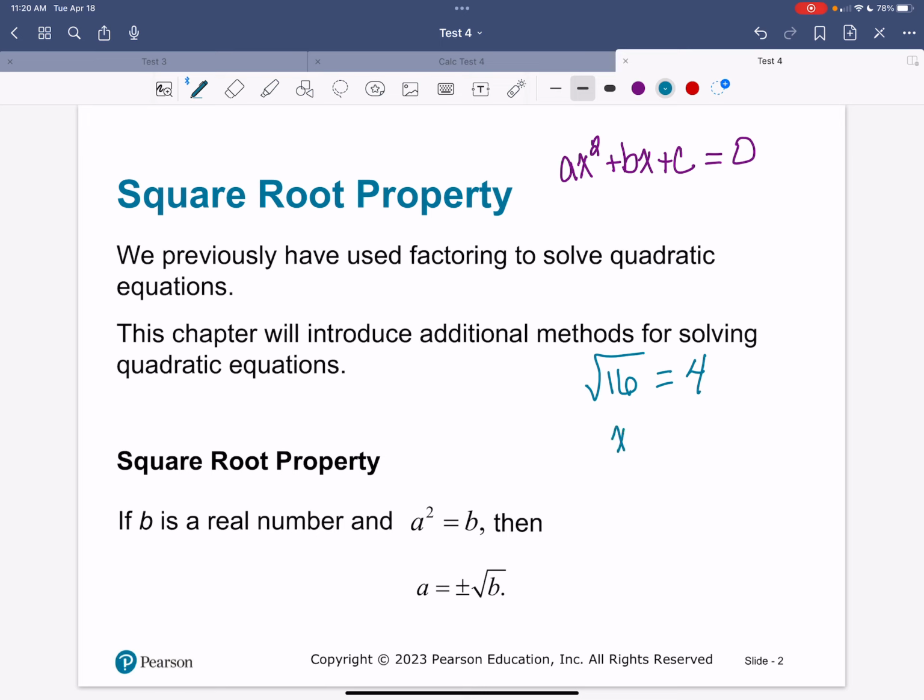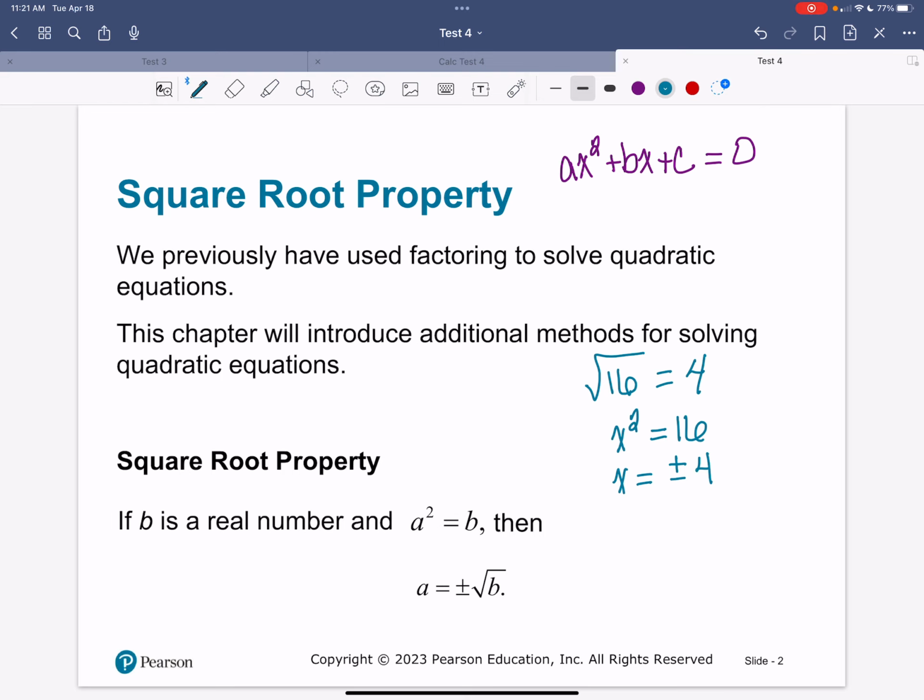However, what if I have x squared equals 16? That is different than saying the square root of 16. Here, x squared equals 16, there are actually 2 values that x could be. One of them is 4. Does anybody know what the other value is? Good. It is positive and negative 4.